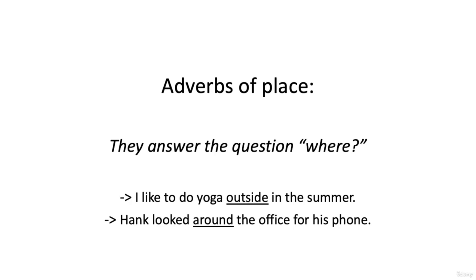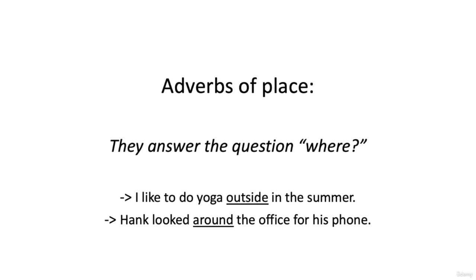Adverbs of place answer the question of where an action happens. They cannot be used at the beginning of a sentence. For example, I like to do yoga outside in the summer.